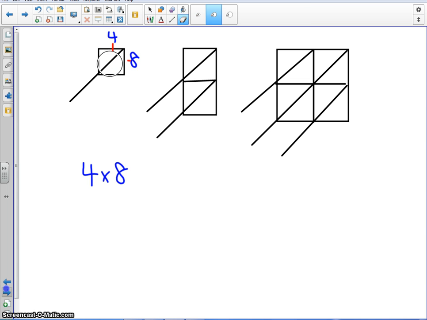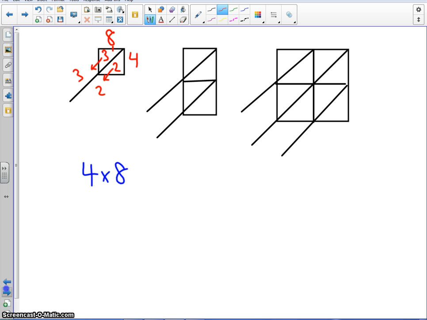So for 32, I have 3 tens and two ones. It works the same. I could also write 8 times 4 because they're reciprocal, and so it gets to the same answer. And then I just write my answer down here, 32. So I just kind of carry this over. For a 1 by 1, it's not the most useful.